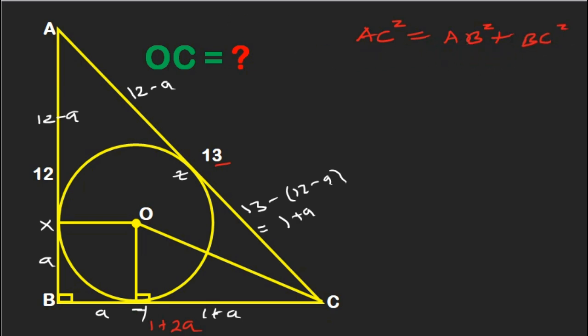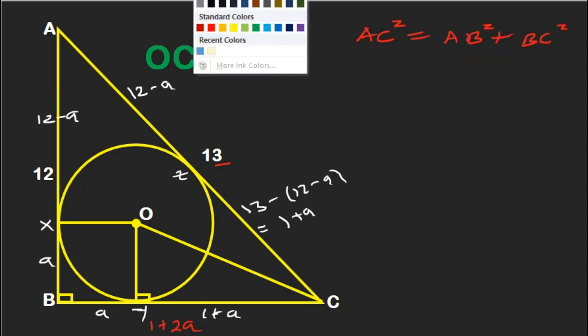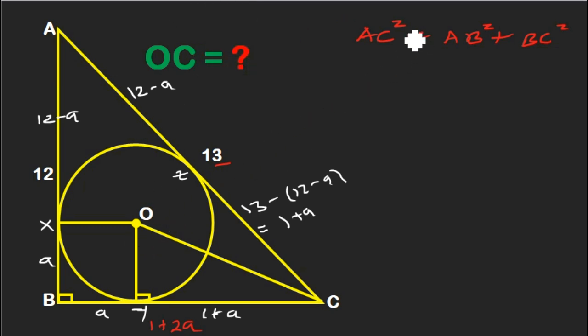Substituting AC as 13, we have 13 squared equals AB squared, which is 12 squared, plus BC squared. BC is 1 plus 2a, so it is going to be (1 plus 2a) squared.